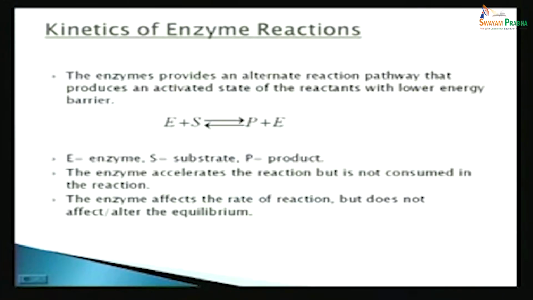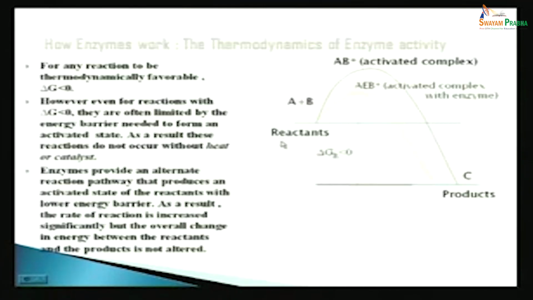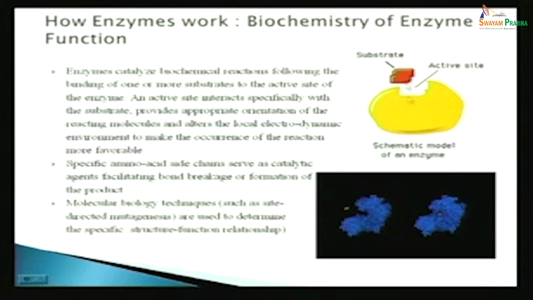Okay. So here, E is the enzyme, S is the substrate, and P is the product. The substrate goes and binds to the active site of the enzyme, and then you have the activated state.